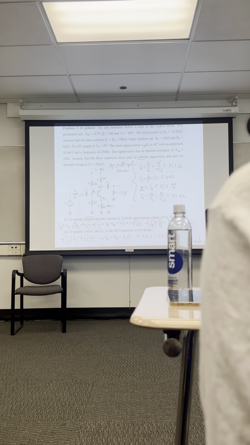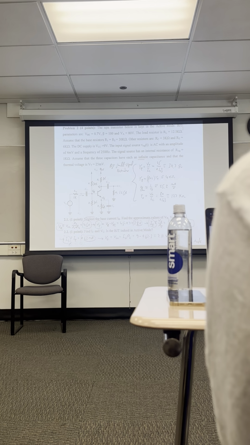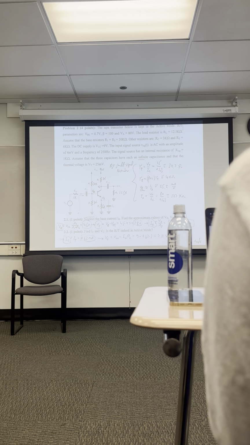Now we check the active mode. The emitter voltage 3.8 is less than the base voltage of 4.5, and the base voltage is less than the collector voltage of 7.1. So that brings it into the active mode.